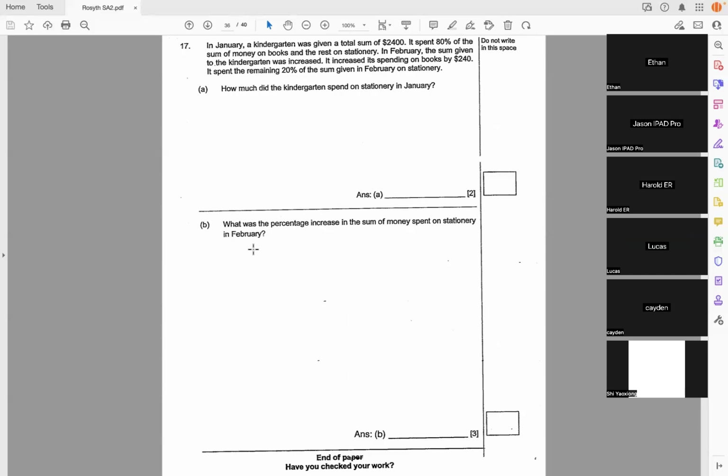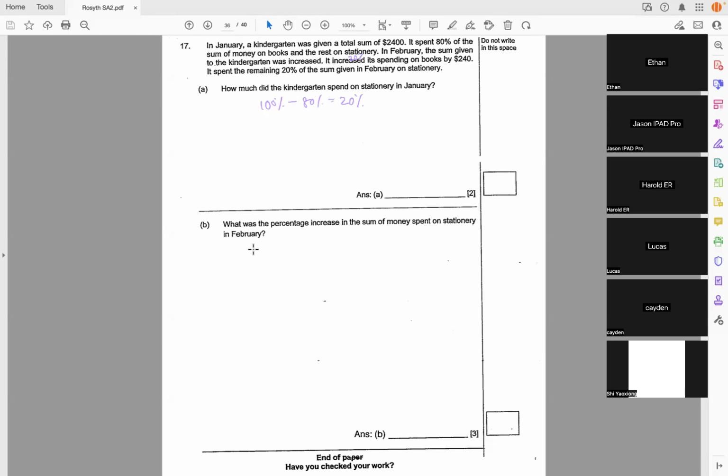So 80% on books and the rest will be 20% on stationery. 100% minus 80%, so 20% is on stationery. How much did the kindergarten spend on stationery in January?